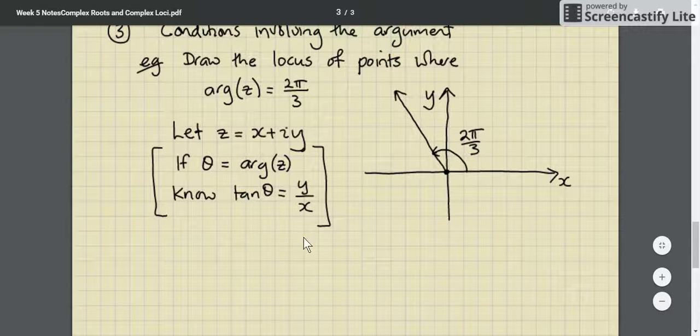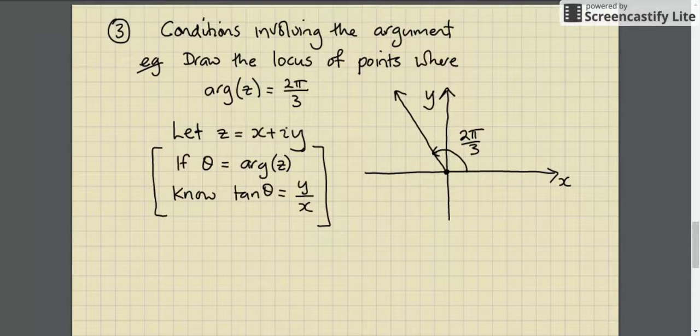So those are the three situations that you meet involving locus: conditions on the real and imaginary part, conditions on the modulus, and conditions on the argument. You need to interpret those in terms of what it means for the x and y values when you put z equal to x plus iy.